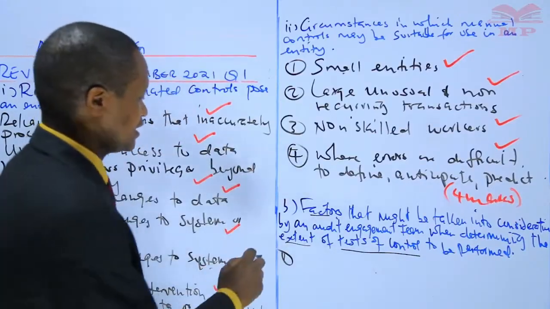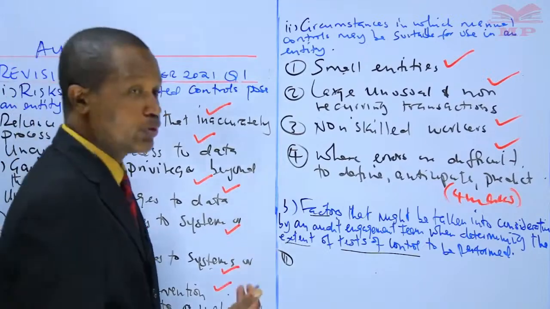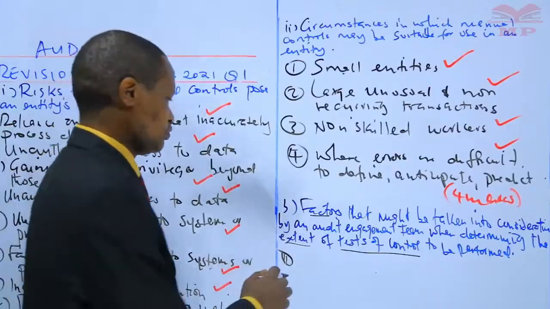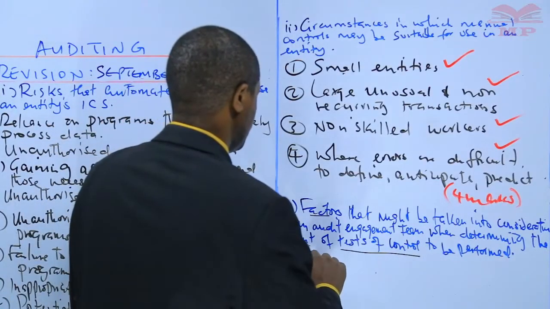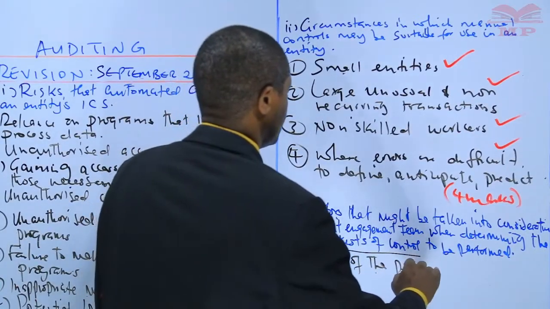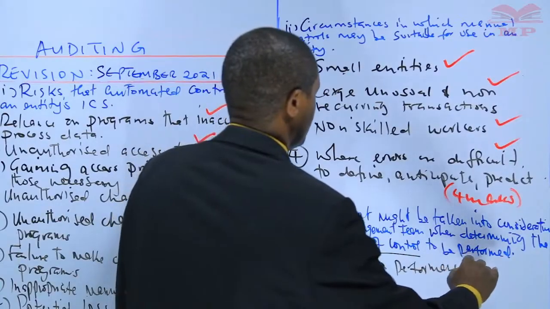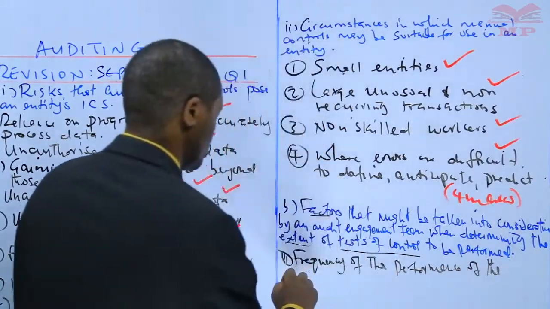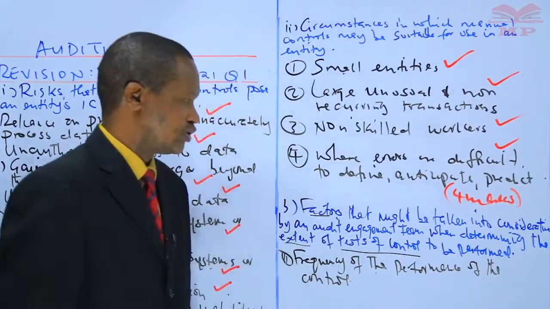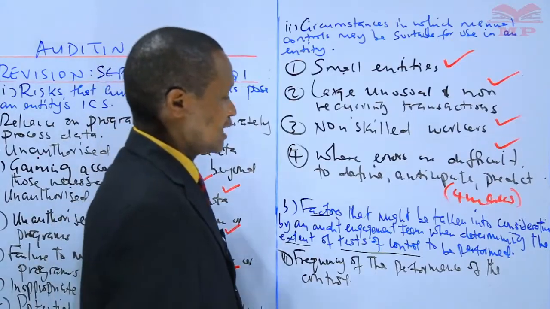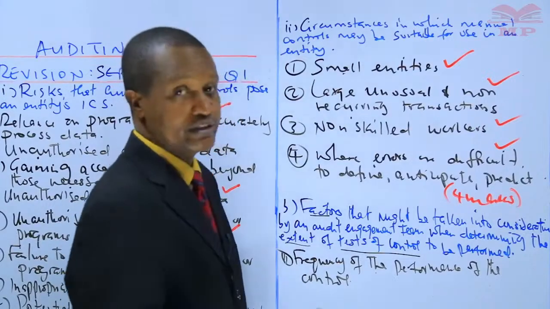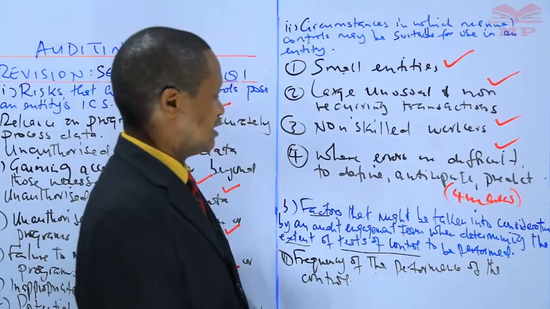The first factor here, candidates, is the frequency of the performance of the control. How frequent will the control be carried out? Because you know there are very different types of controls, including observation, recalculation, and so on.